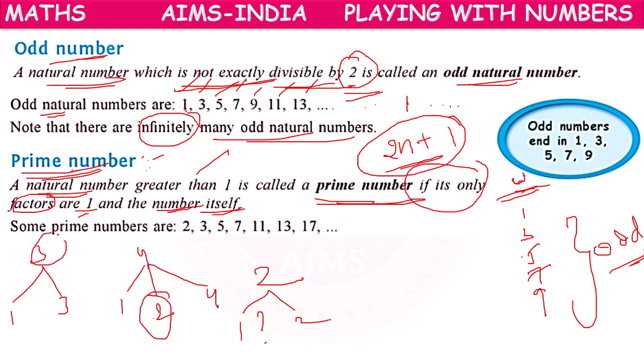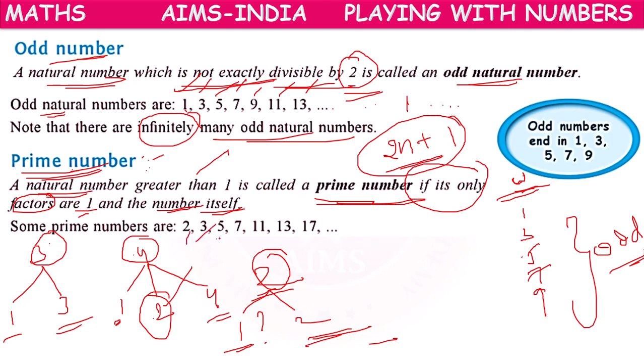Here 3 is a prime number because its factors are only 1 and itself. 2 is a prime number, its factors are 1 and itself. 4 is not a prime number, because along with 1 and 4, one more extra number is there.